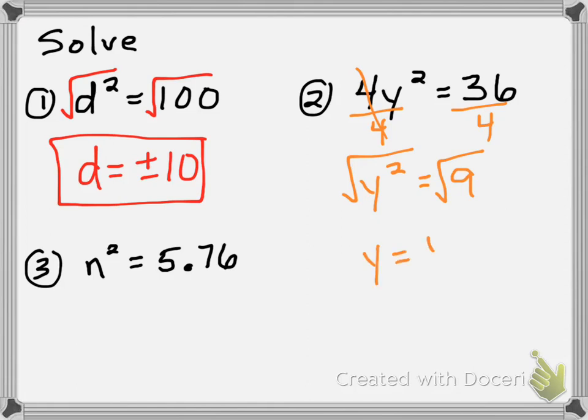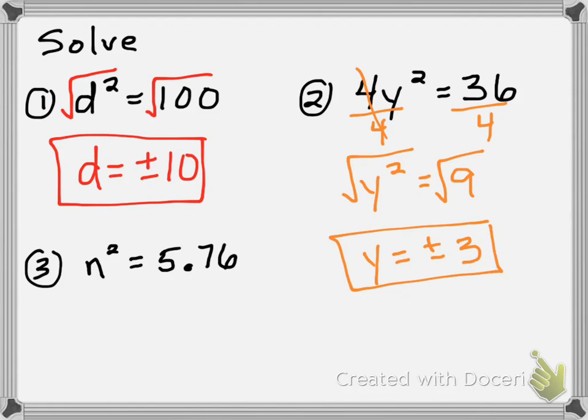And I get y equals plus or minus 3. Because if I put a positive 3 or a negative 3 in for this y, then this will equal 36. So both of these have two answers: positive 10 and negative 10, and positive 3 and negative 3.